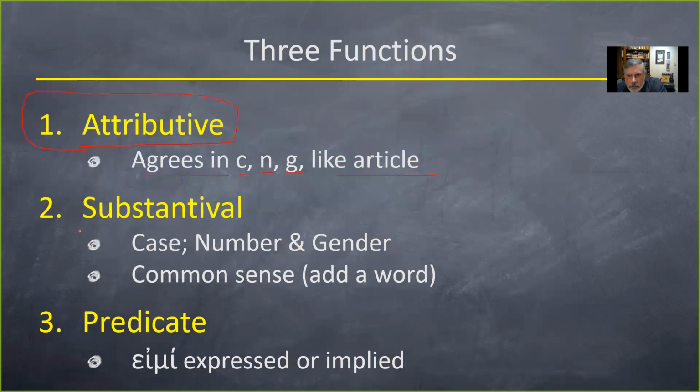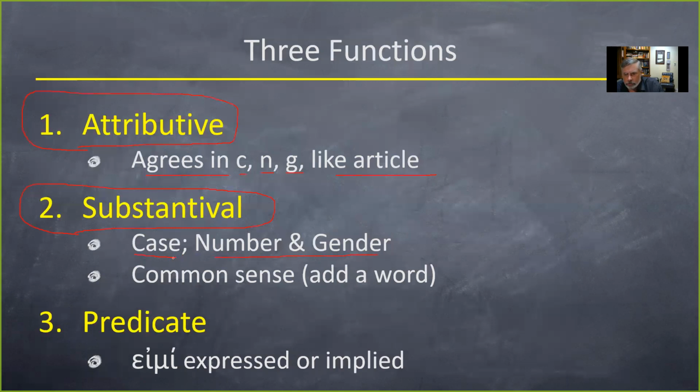When it's functioning substantively, like it's functioning as the nominative case, or as a subject, or in the direct object or an indirect object or whatever, then it will have the case, number, and gender in which it functions. So in other words, the adjective agathos, if there was nothing for it to modify, then that would be a good man, because it's masculine, agathos.